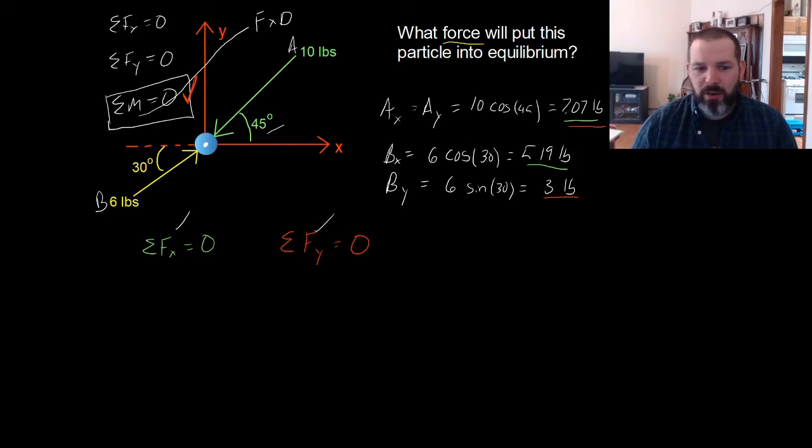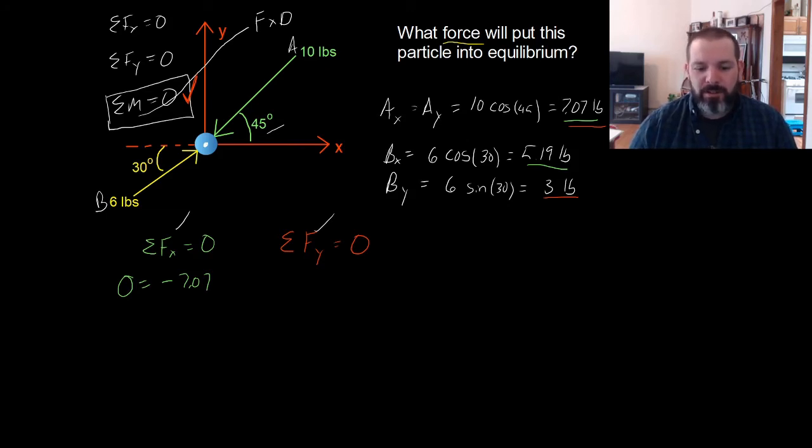If we go on and write our equations of equilibrium in the x and y, we'll say the sum of forces in the x has to equal 0. So zero is going to equal, we have the vector A, which is acting down and to the left, which means its x component is negative according to our axis. It will be minus 7.07.